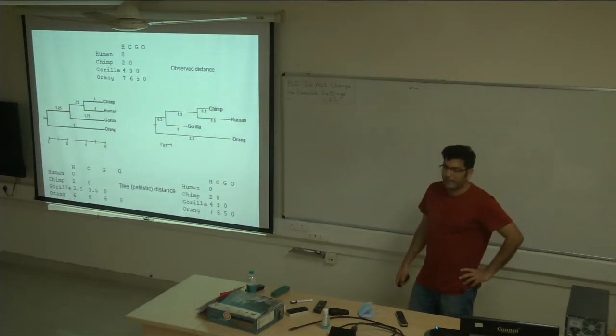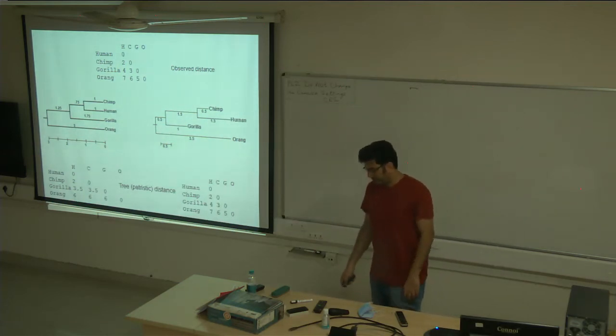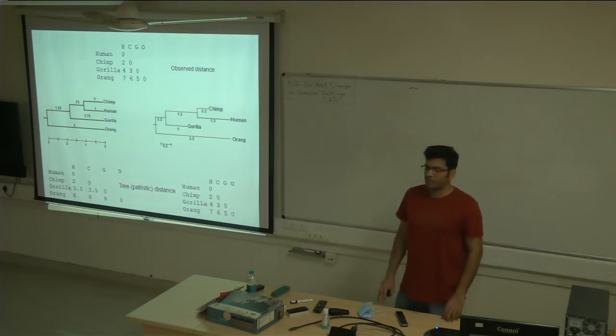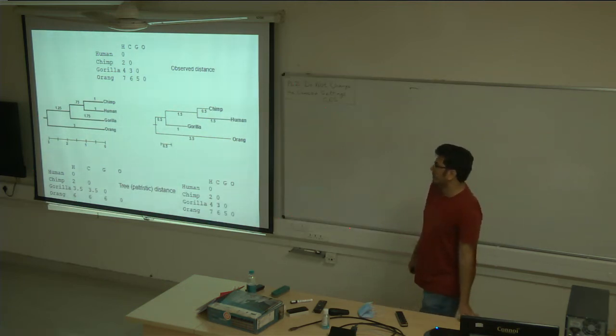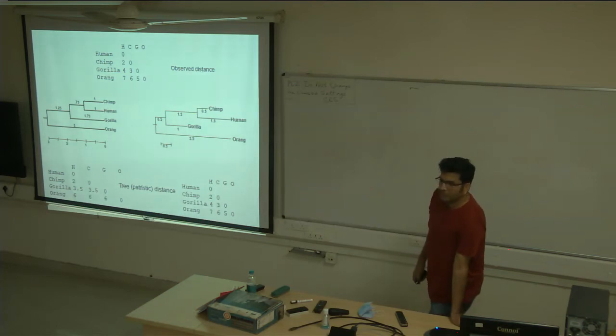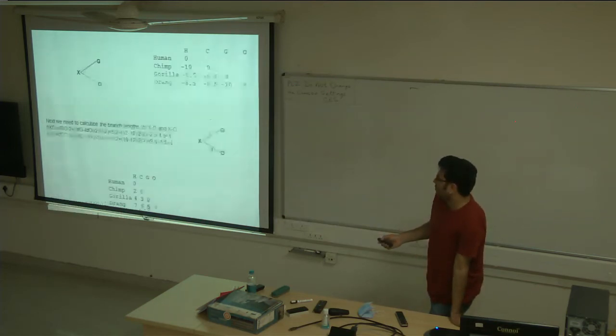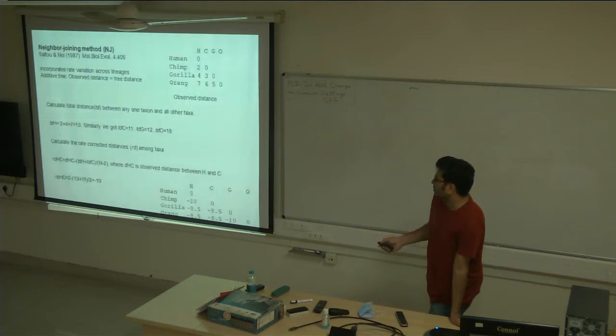So when we say we are calculating rate corrected distance, here it is the character, but in the algorithm it is whatever number of substitutions is used. We are still calculating pairwise genetic distance here, right? If you go back to that formula for rate corrected distance, you first calculate total distance.